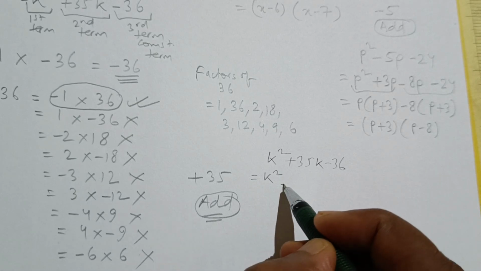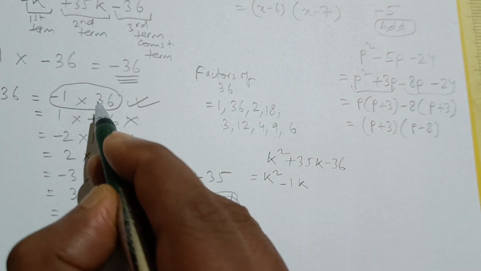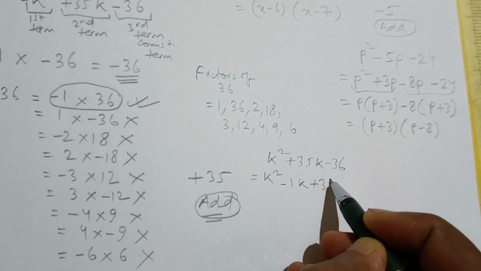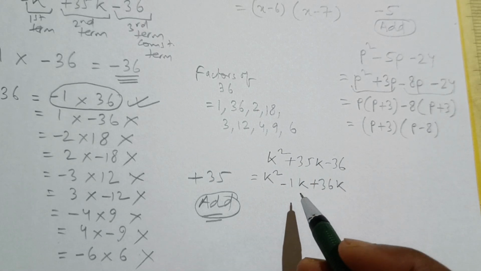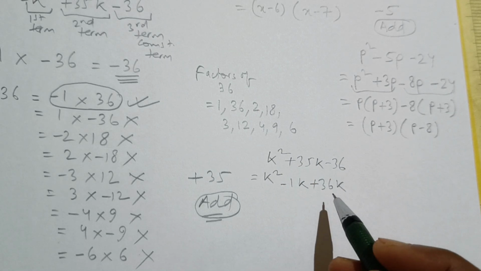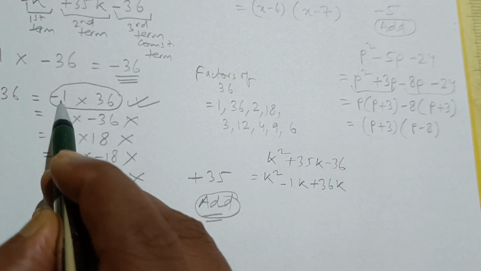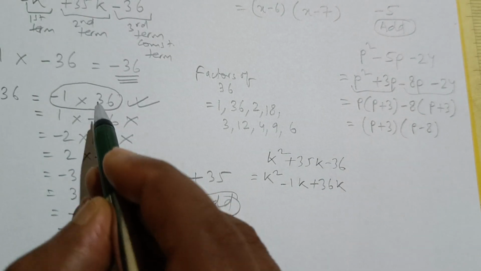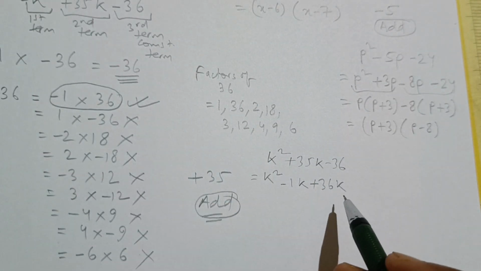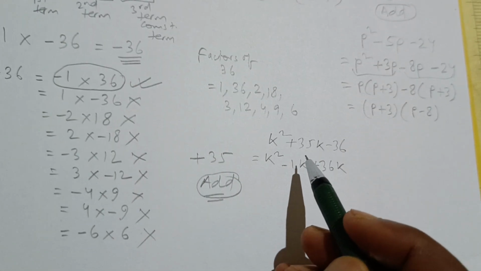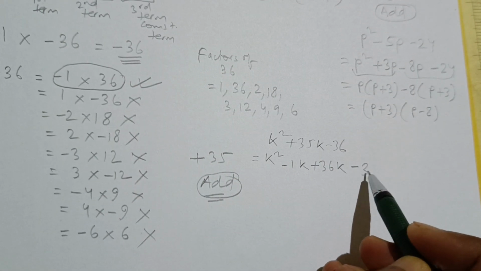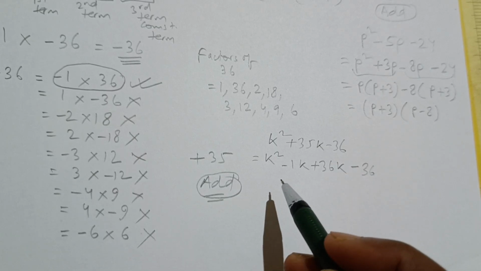So minus 1k and plus 36k. So this middle term has been split. Minus 1k plus 36k is plus 35k. And then this is the constant term, the third term, which is minus 36.